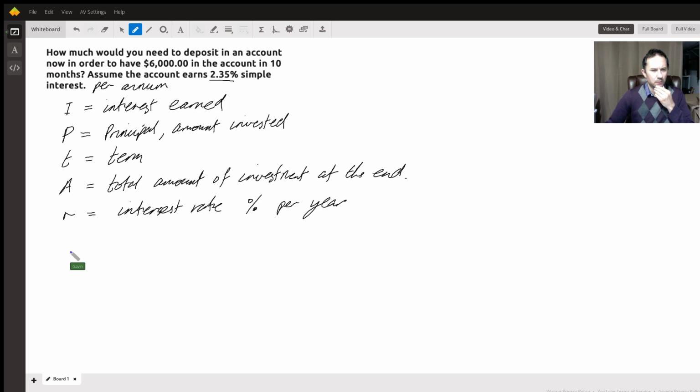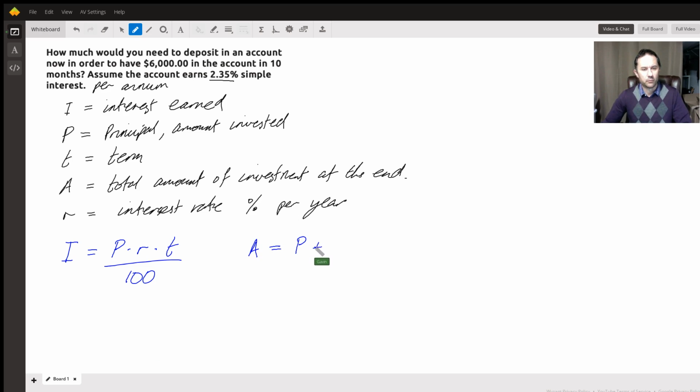There's a couple of formulas, but the two that we really need are: interest equals principal times interest rate times the term divided by 100, and the amount at the end is equal to the principal plus the interest.